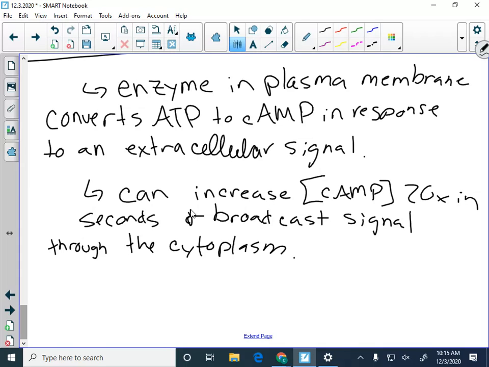So that's typically how cyclic AMP is used for stuff that has to happen really, really quickly, and that signal can be broadcasted through the cell like that. So there's that one. I think I'm going to have enough time to get through calcium ions. So before I do that, any questions about cAMP? Okay, calcium ions.